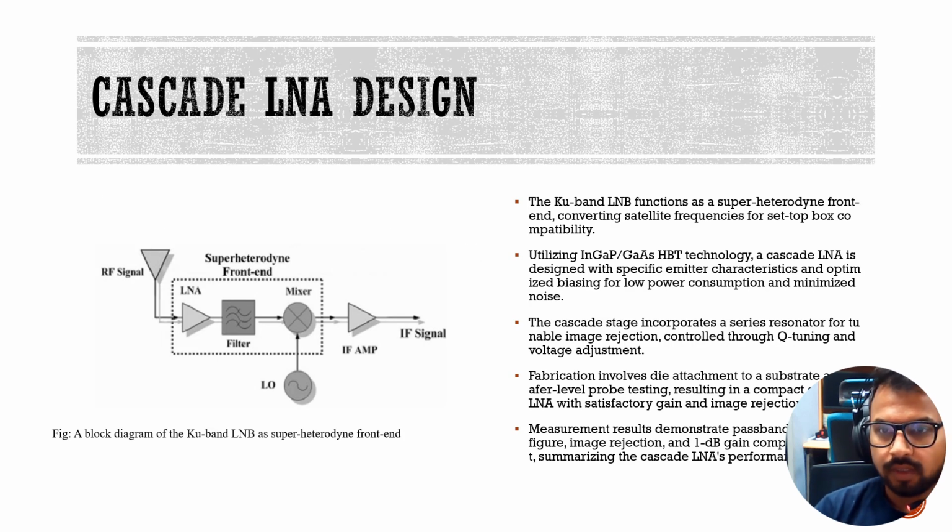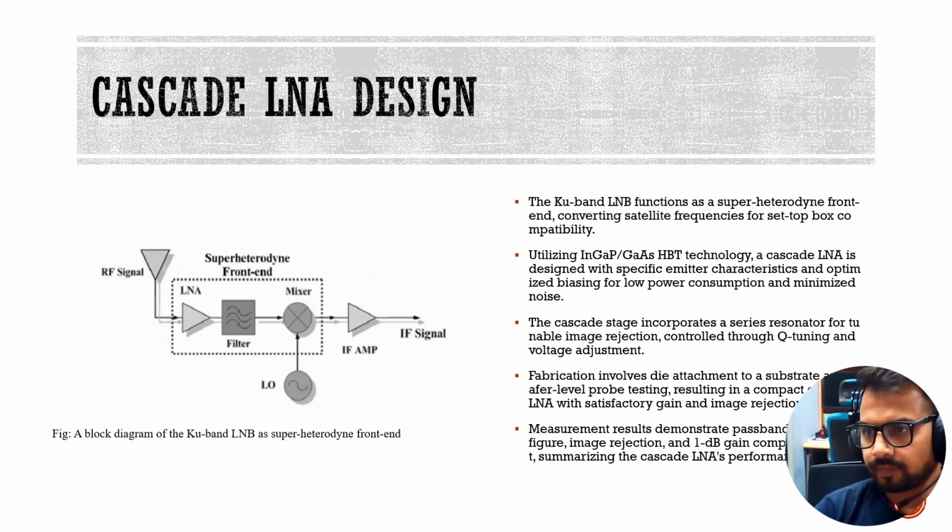Now one of the designs previously discussed, a cascode LNA design, is discussed in this slide, with the block diagram of a Ku band LNB as a super heterodyne front end. So this is a particular circuit design of the LNB.